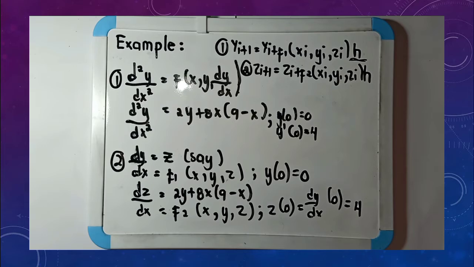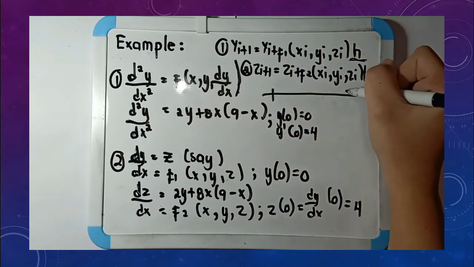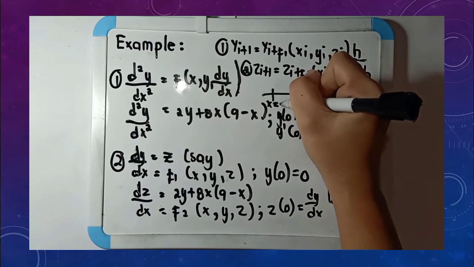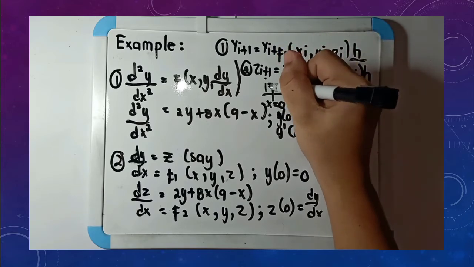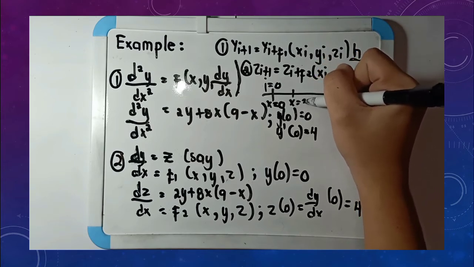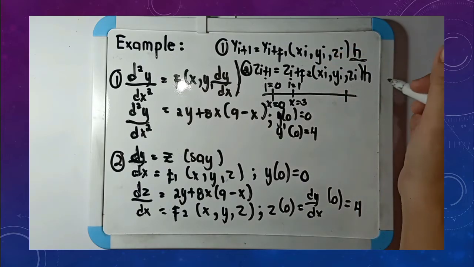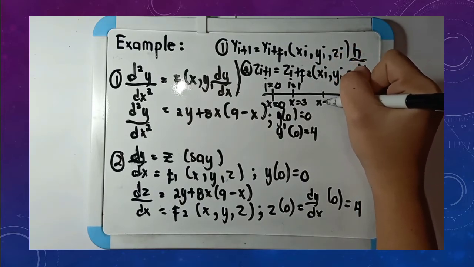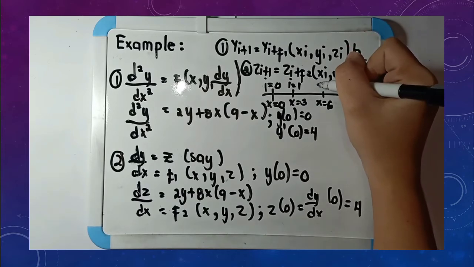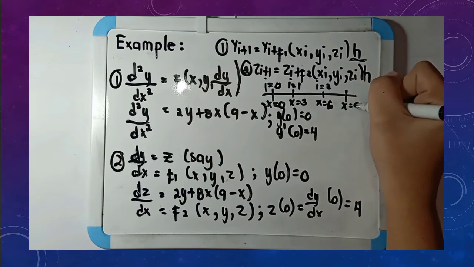So we have x equal to 0, which corresponds to i equal to 0, then x equal to 3, which is i equal to 1 because it is the first step, then x equal to 6, which is i equal to 2, and lastly x equal to 9, which is i equal to 3. That is how the i's work.